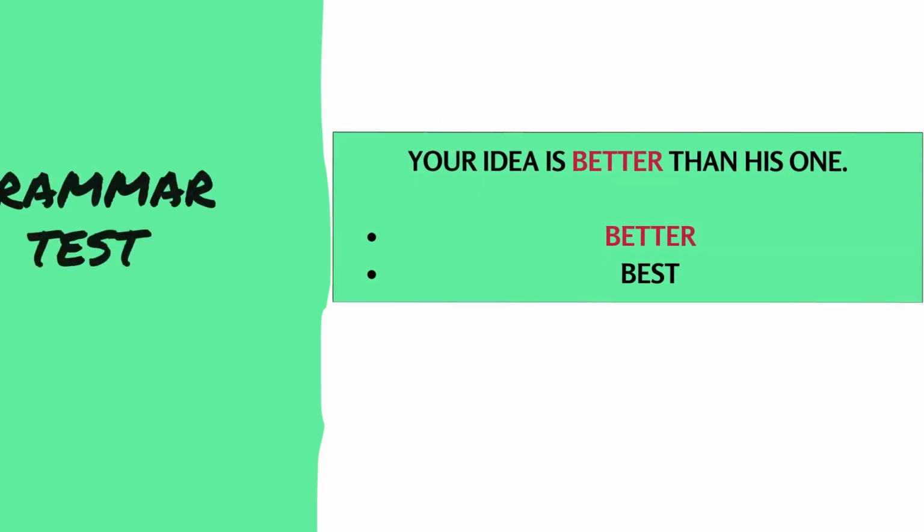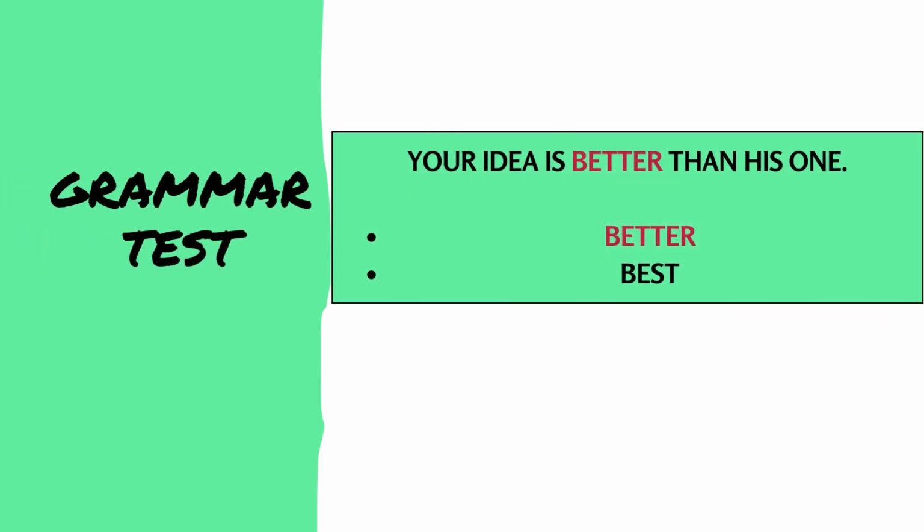The correct answer is, your idea is better than his one. When you see this word then, it means that you need to use the comparative form of an adjective. And in this case, the comparative form is better.